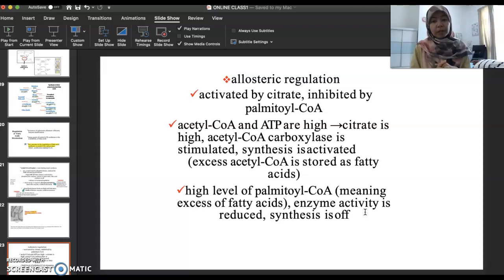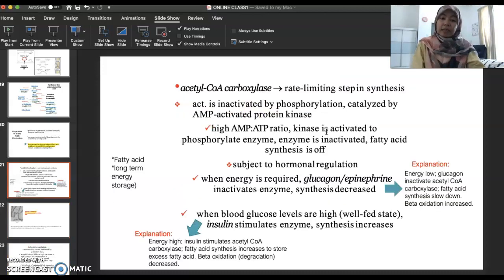Okay. So ini adalah contoh allosteric regulation yang kamu boleh buat reflection sedikit. Okay, dan cuba relate dengan keadaan yang saya explain tadi. When energy is high, what happen? When energy is low, what happen?